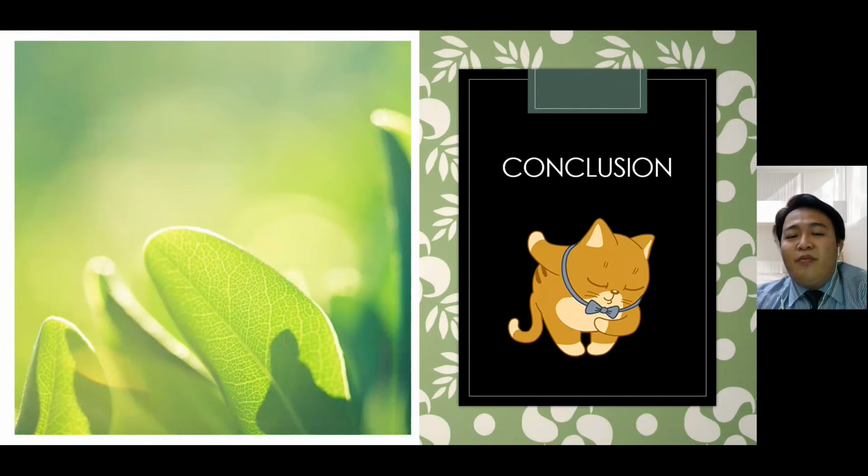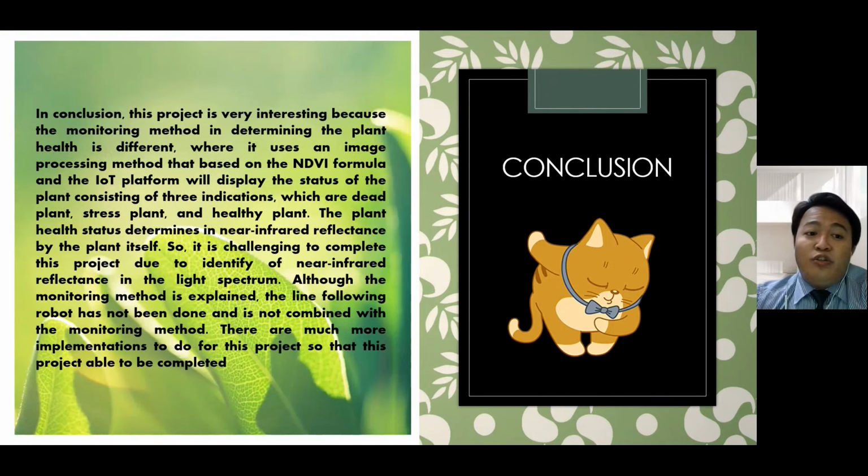For the conclusion, this project is very interesting because the monitoring method in determining plant health is different, where it uses an image processing method based on the NDVI formula, and the IoT platform will display the status of the plant consisting of 3 indications, which are dead plant, stress plant, and healthy plant.